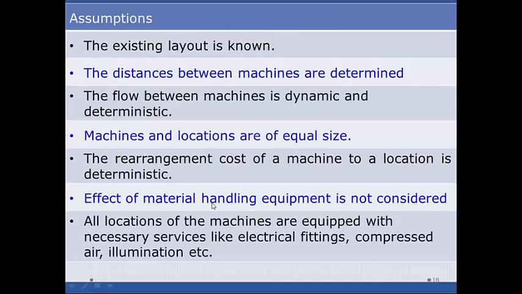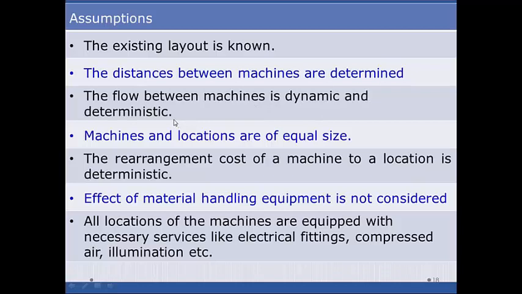Now, to solve this problem, some assumptions are required. We need to clarify some assumptions while solving such case studies. The existing layout is known. I will show you the layout of the industry after the next slide. The distances between the machines are determined. The flow between machines is dynamic and deterministic.